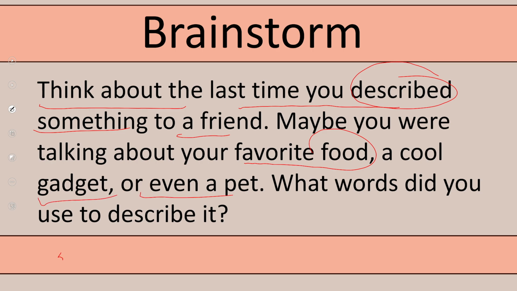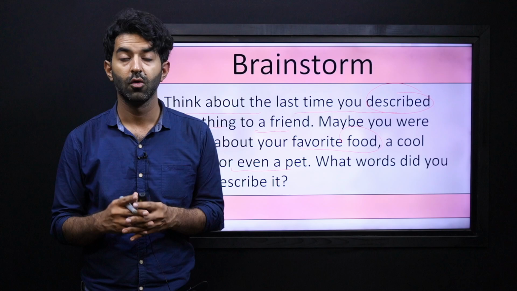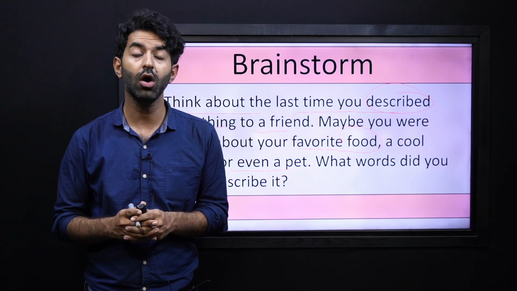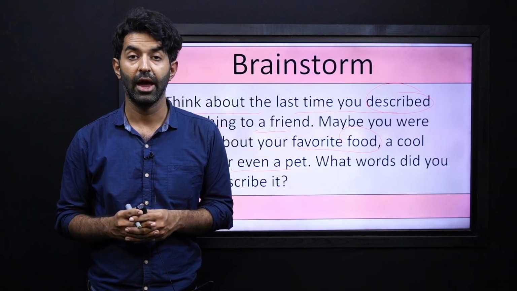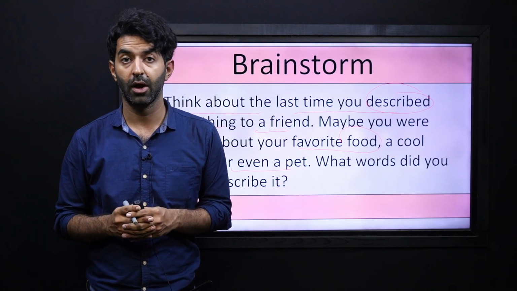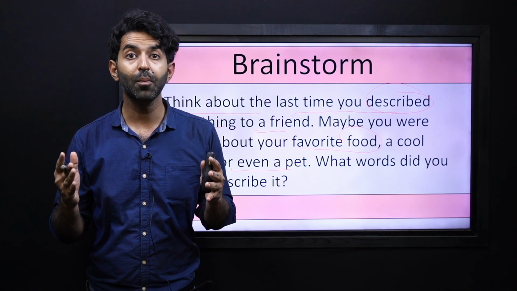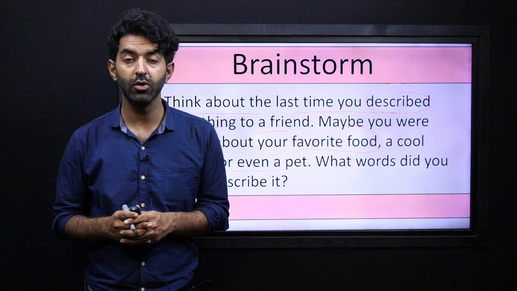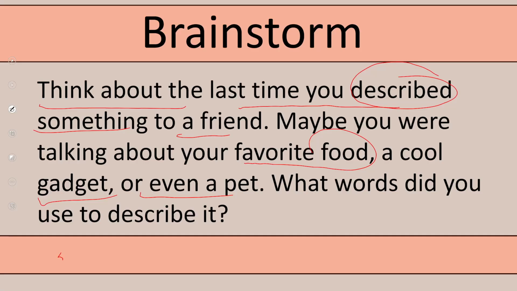What words did you use to describe it? Now, we know that adjectives are used for describing our nouns. They modify our nouns and the things we are talking about. So, if I give you a prompt to talk about your favorite pet, yes, you are going to use so many adjectives. Now, think about it and come back very soon because we are going to start our lecture.